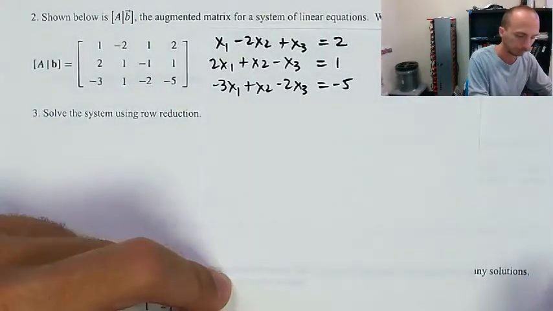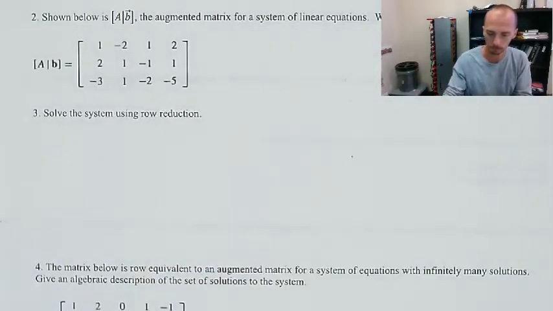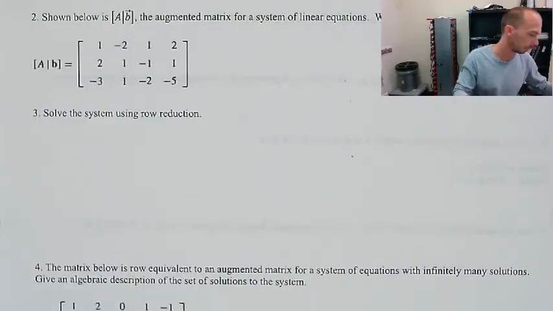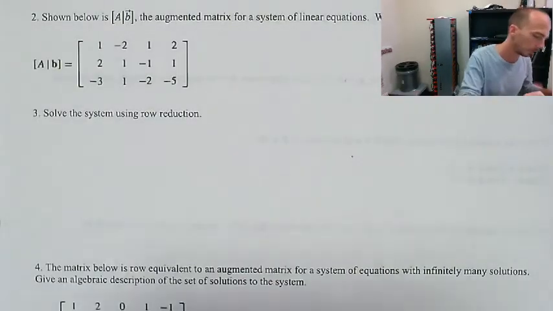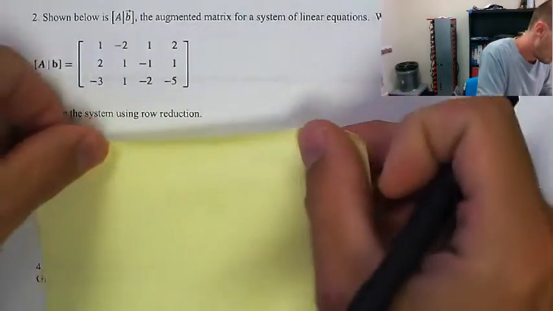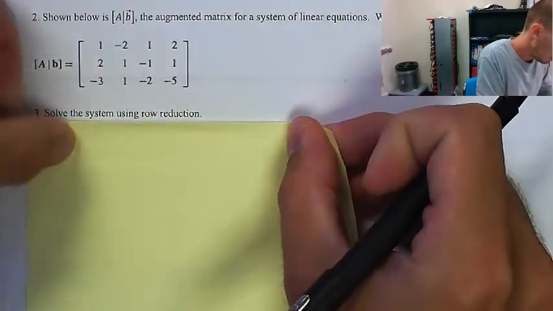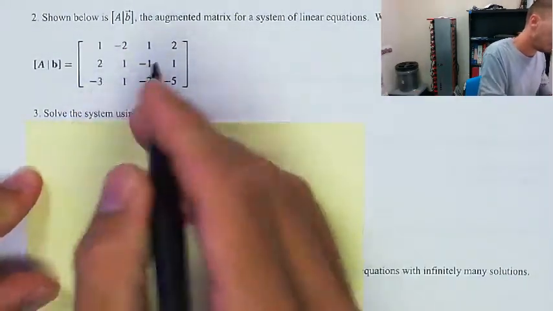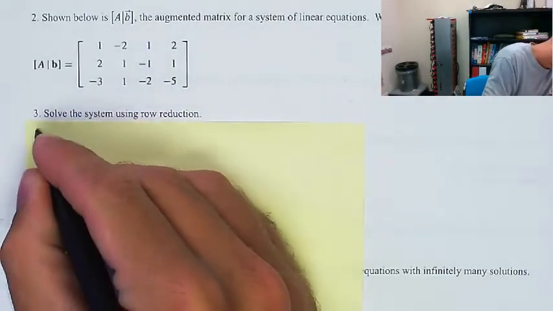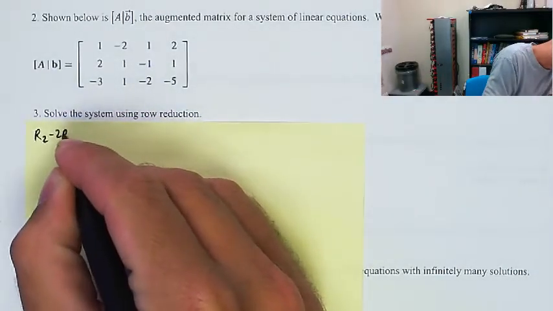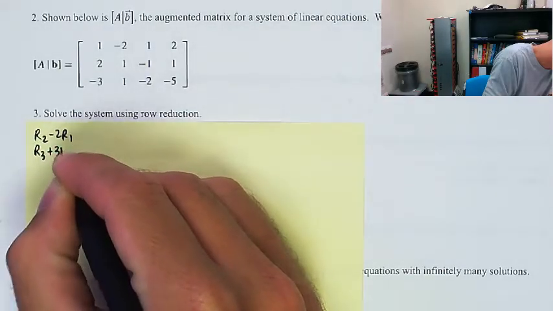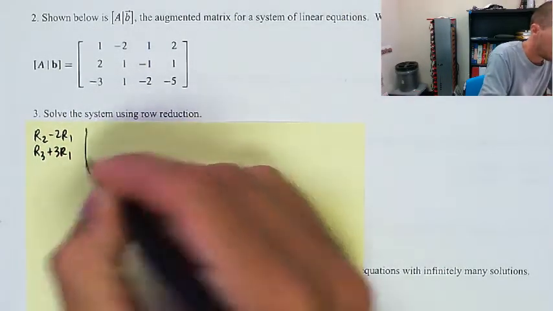Okay, so let's see, I'll just scrap that, and I will post-its over here too. That looks like about the right size for some row reduction. And all right, I'm going to use this 1 to clear off the 2 and the negative 3. So I'm going to do row 2 minus 2 copies of row 1 and row 3 plus 3 copies of row 1.